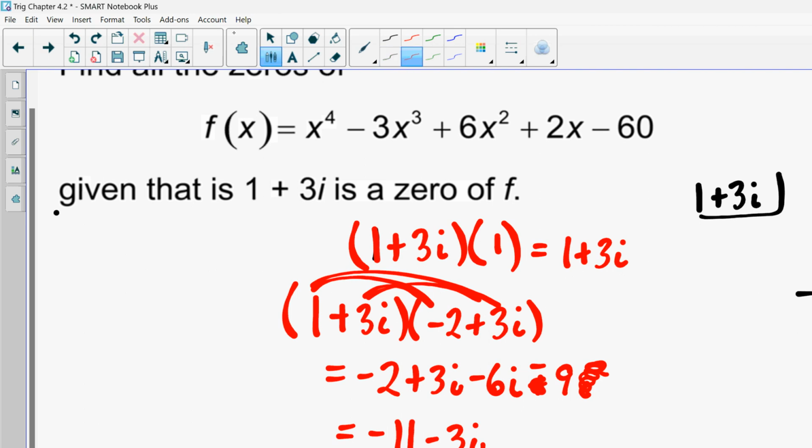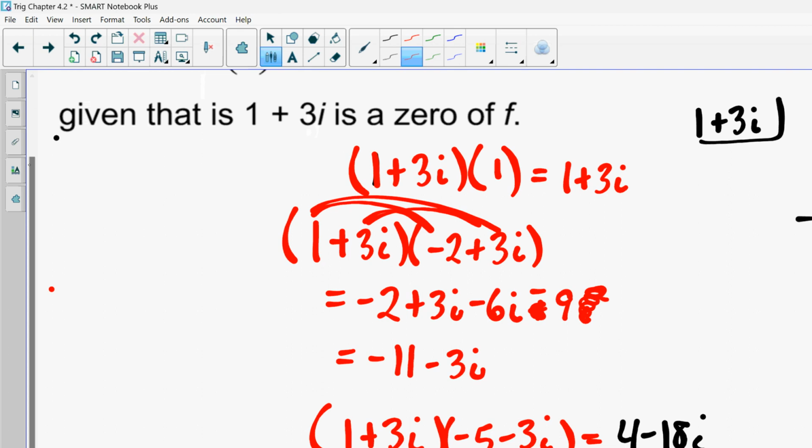And lastly, we're going to do this multiplication one more time. We're going to have 1 plus 3i times 6 minus 18i. Now the reason I put 60 down is because we know this should divide evenly. Our last number is negative 60. This should give us positive 60.